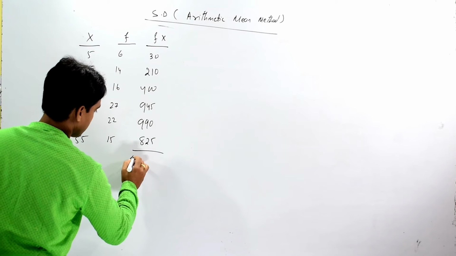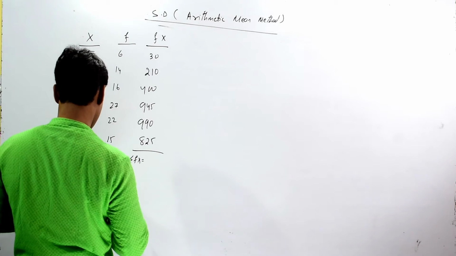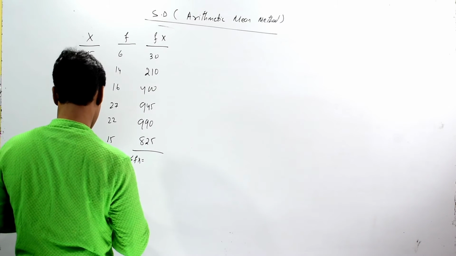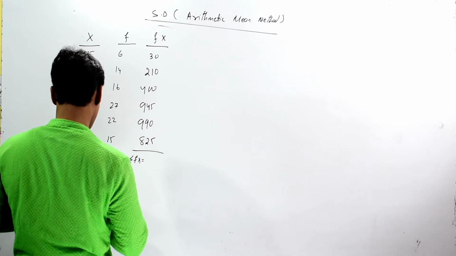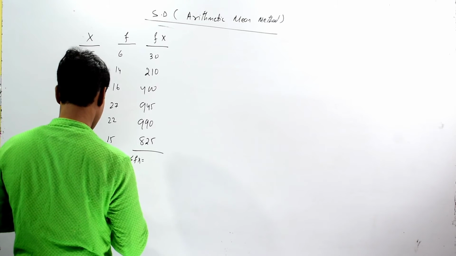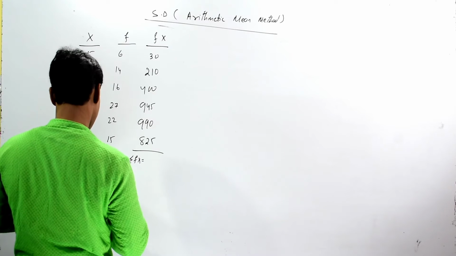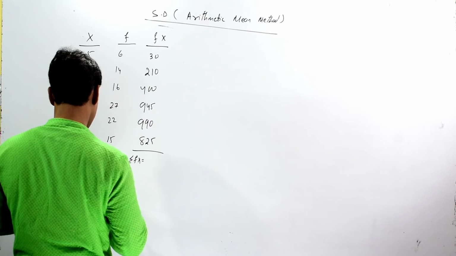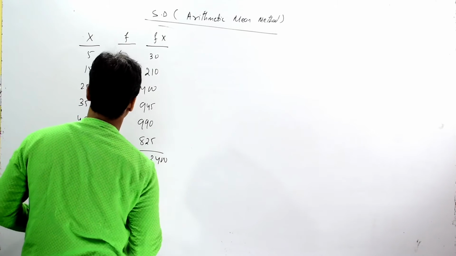So our summation of fx equals 30 plus 210 plus 400 plus 945 plus 990 plus 825, that is 3400.